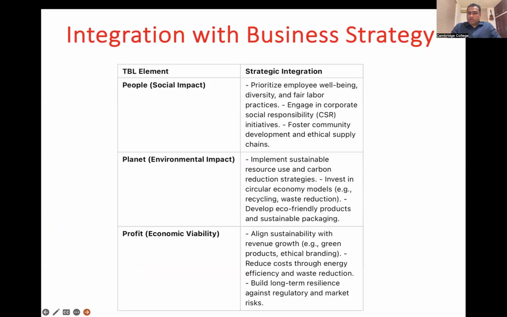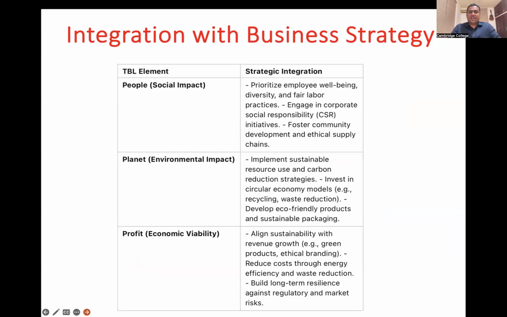So it is important, therefore, for us to integrate whatever we do with regard to societal, social, and environmental impact. How do we integrate the triple bottom line with your business strategy? Because then you will see your business strategy is a holistic strategy that encompasses the triple bottom line, and it is integrated as opposed to it being separated.